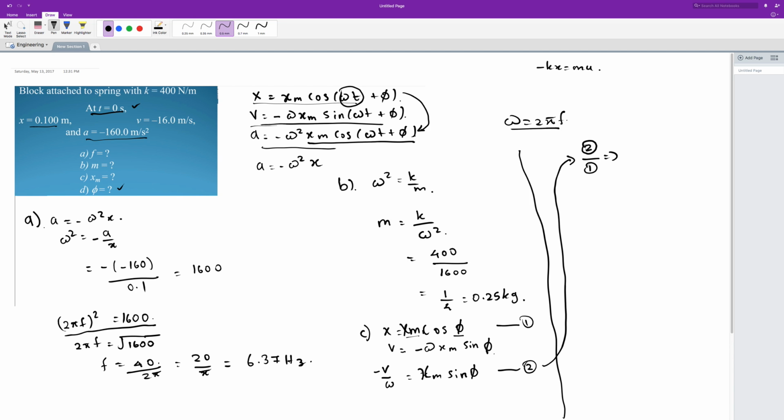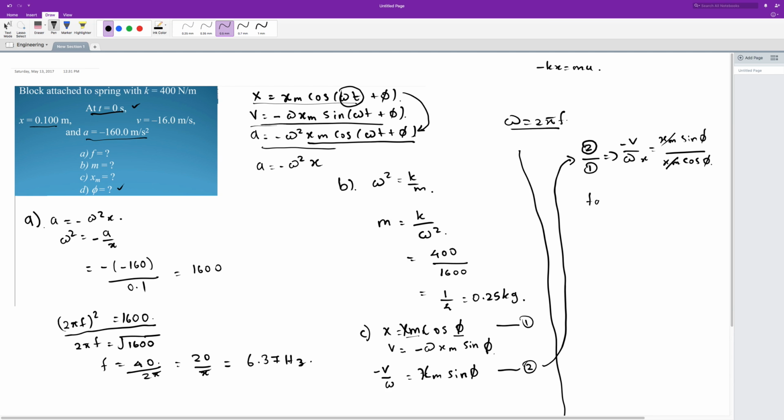If I divide that, I will get minus v over omega x is equal to xm sine phi over xm cos phi. In this case, xm cancels, and we are left with sine phi over cos phi, that's going to be tan phi.